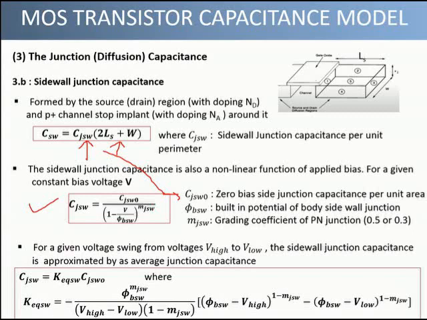Similarly, for the third situation, in which one of the terminals is connected to a variable voltage source, the sidewall junction capacitance is approximated as a product of coefficient K and the zero bias sidewall junction capacitance, where K is obtained using the same formula as for the bottom plate capacitance, and the values of high and low reversed bias voltages are calculated in the same manner.